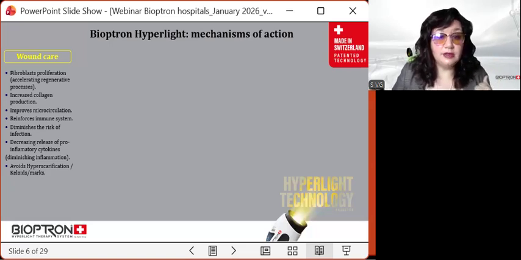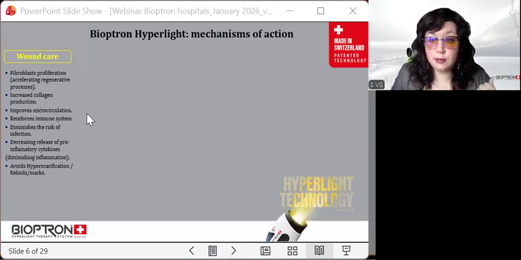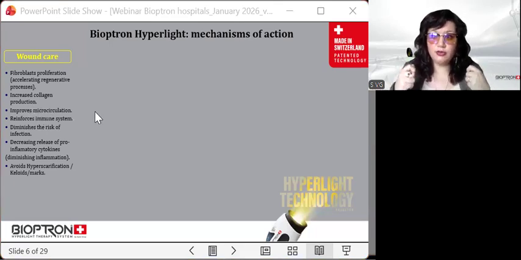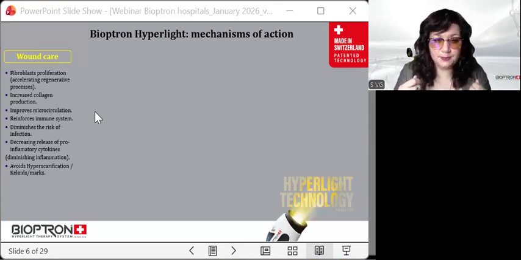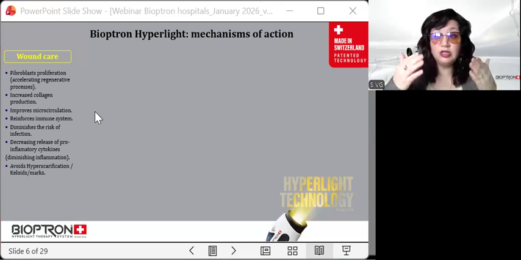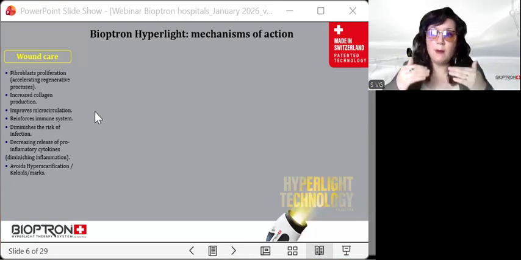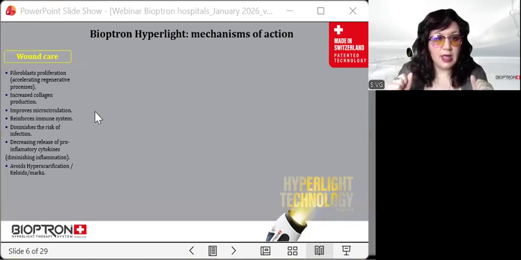It will improve the microcirculation, and this is very important because the blood flow will supply everything that is needed for the new tissues that are being regenerated. It will reinforce the immune system, which is very important to decrease the risk of infection, but also to avoid the wound opening again.